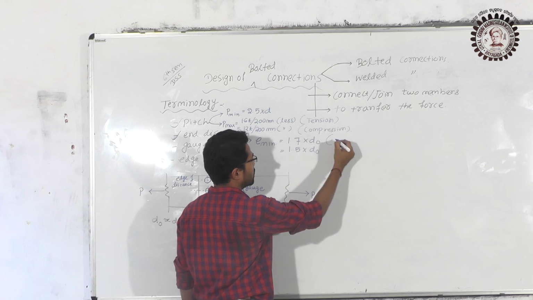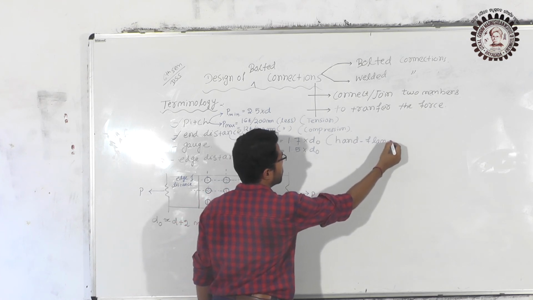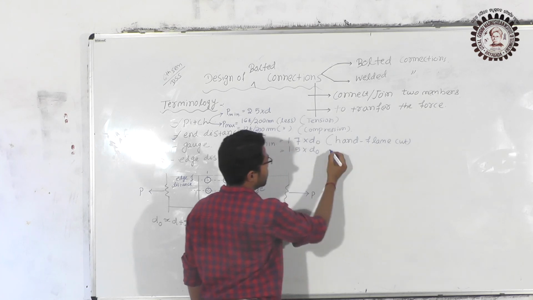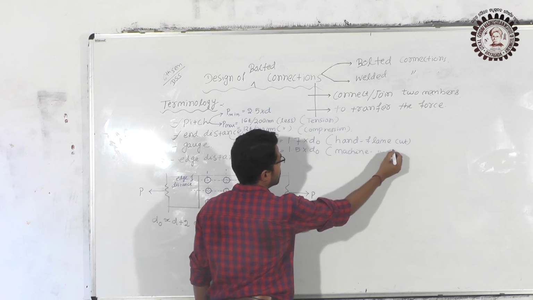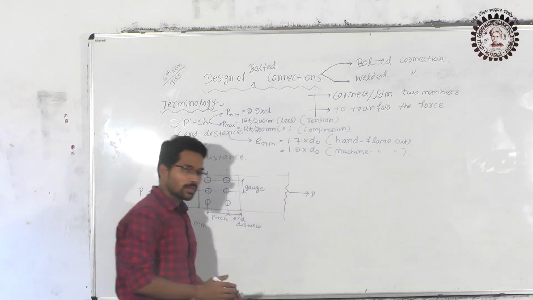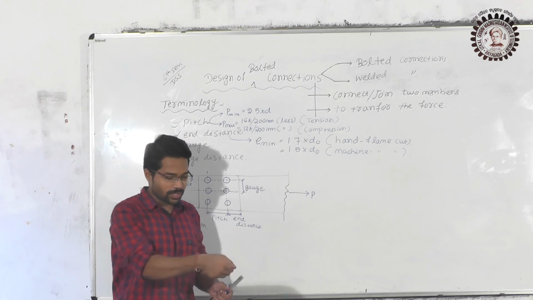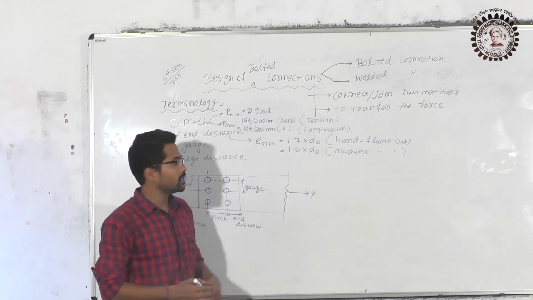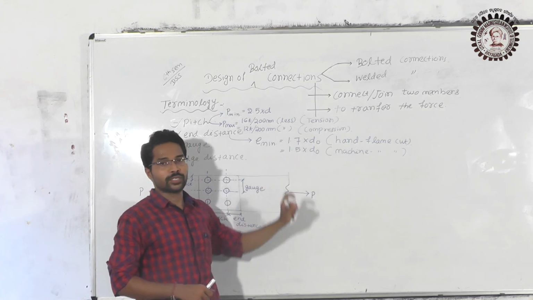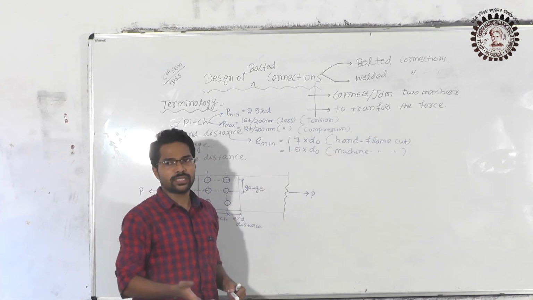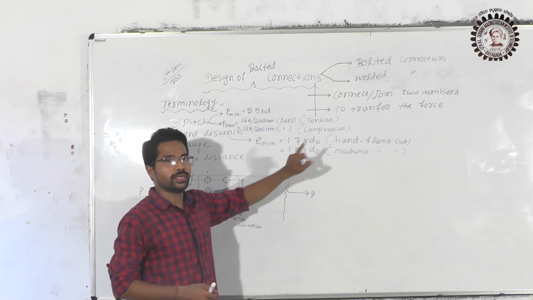This is for hand flame cut edges, and this is for machine flame cut edges. What does that mean? If you are making a connection by using your hand to cut the end, that means hand flame cut. So in that case you will use E minimum 1.7 D naught, and if you are using any machine to cut the edges, then we will use E minimum 1.5 into D naught.